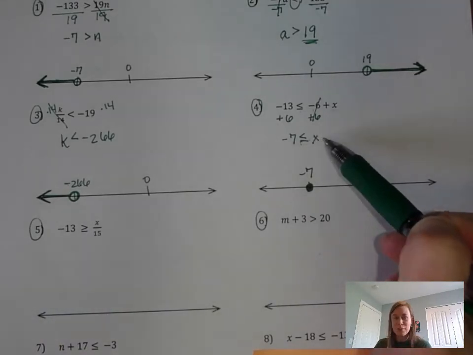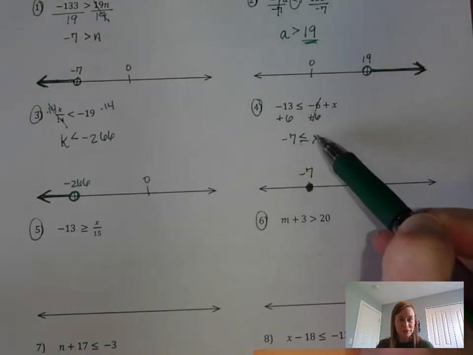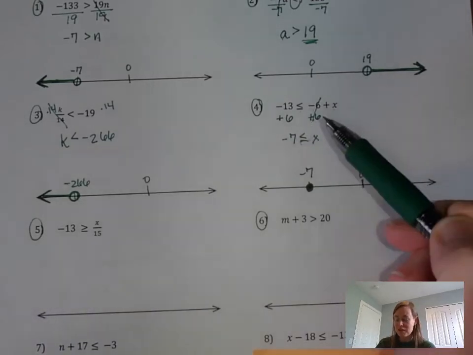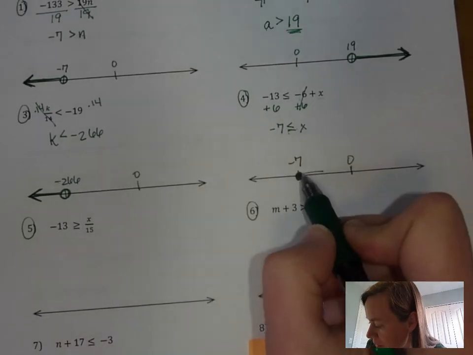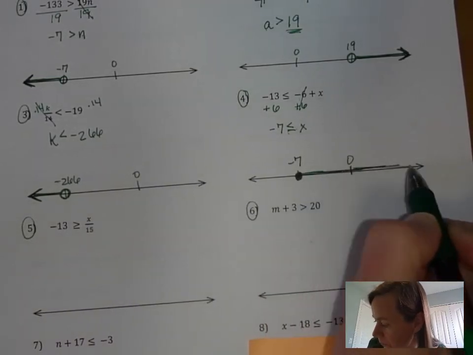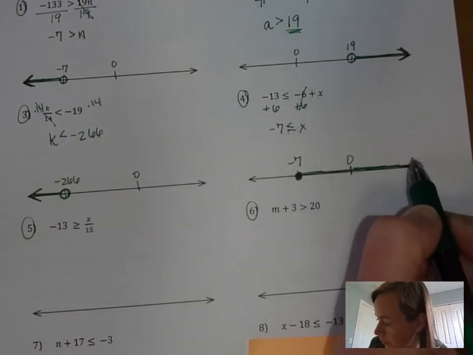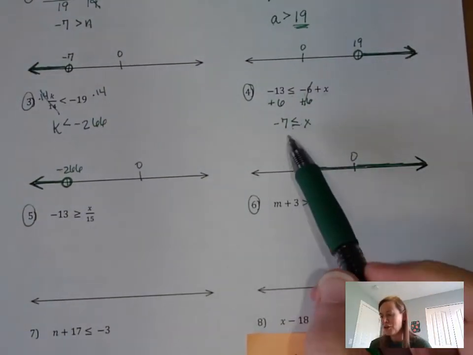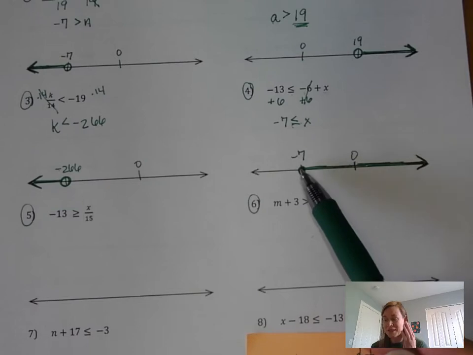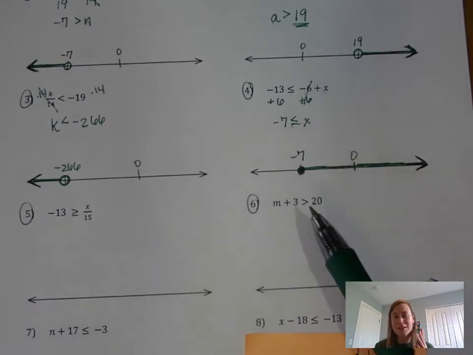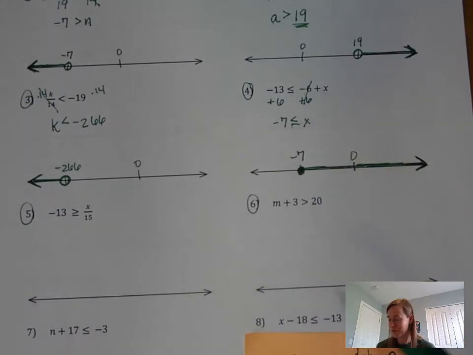So x, or in other words the answers to this inequality, are bigger than or equal to negative 7. So that means I need to draw my arrow this way. You could say negative 7 is smaller than the answers, if that makes more sense to your thinking. Whatever makes more sense to your brain is what I want you to do.